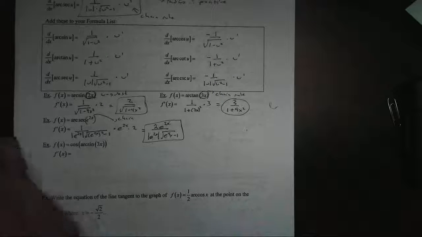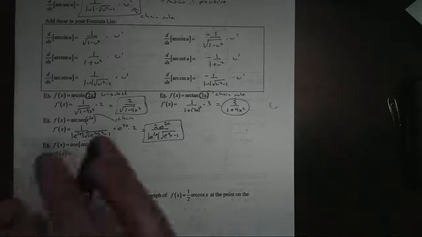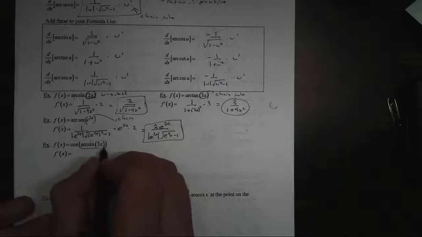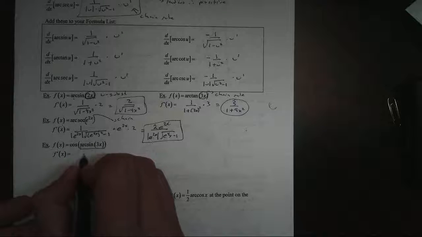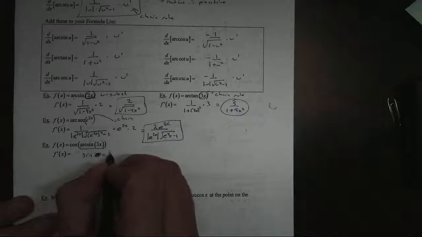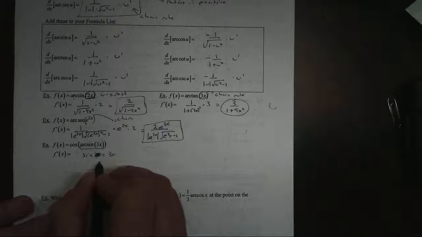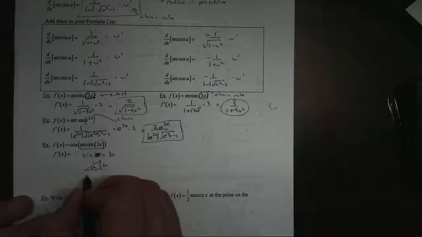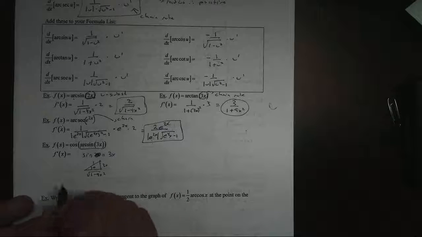Now the last one, I can do this one of two ways. One, I can set up a triangle. That's easy. This is saying that the sine of some angle is 3x. So if I draw my triangle, here's my angle, 3x over 1. My length down here becomes the square root of 1 minus 9x squared.